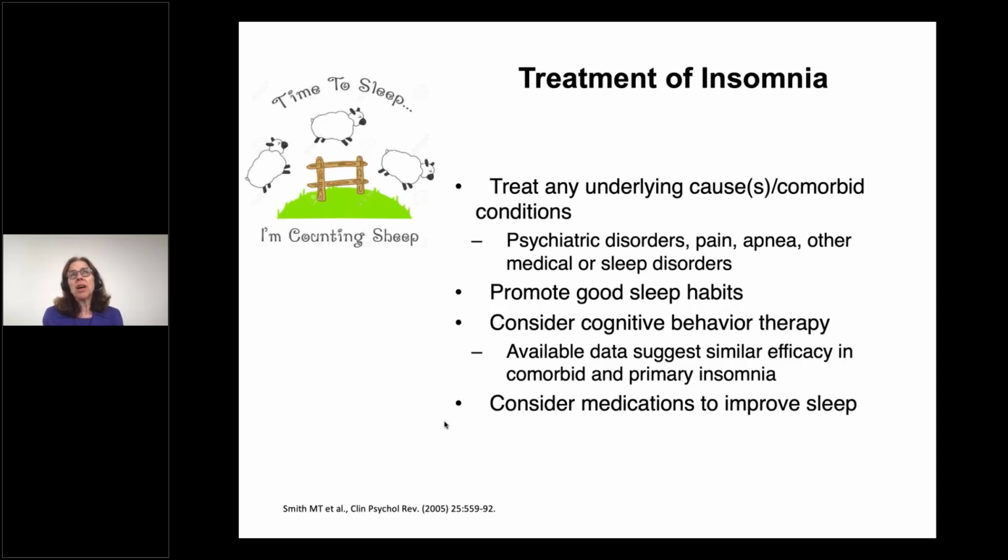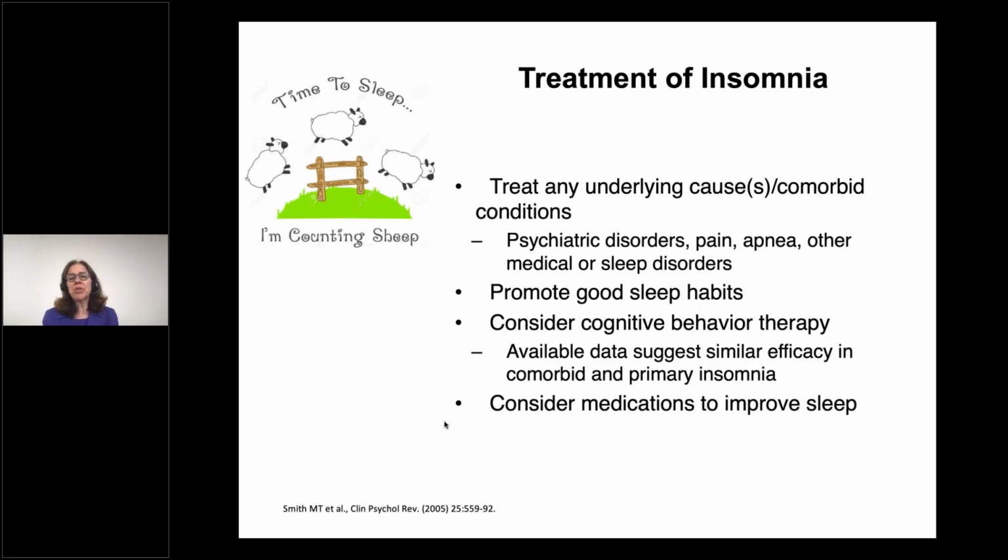It is most commonly, over 90% of the time, found in people with other medical and psychiatric conditions like psychiatric disorders, chronic pain, sleep apnea, which we'll talk about, and other chronic medical disorders like cardiovascular disease, pulmonary problems, cancer, et cetera, and with primary sleep disorders.